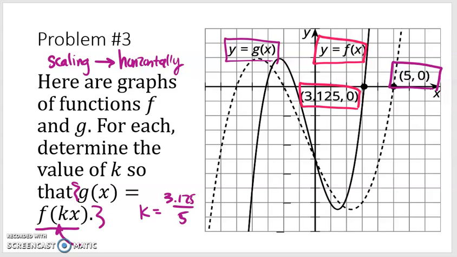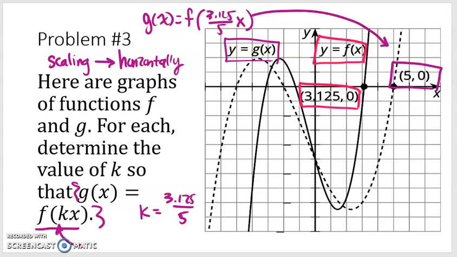So my final answer is that g of x is equal to f of 3.125 divided by 5 times x. That is the function that allows me to talk about this dotted line. Remember, if the k is inside like this, it's stretching horizontally.